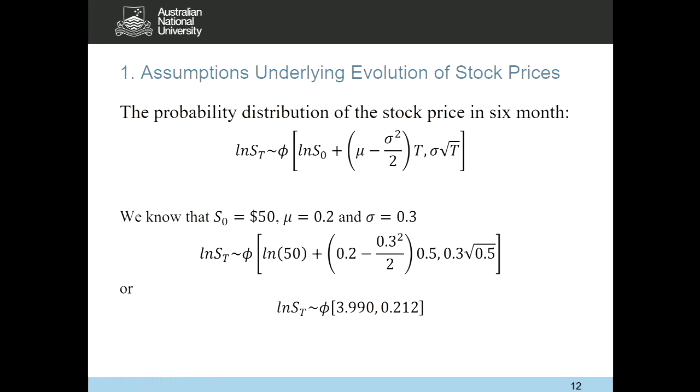All right, so it should be fairly easy because we've done the hard work. We derived the distribution of the log of the share price ST, and we know the current share price is $50, and we know it has expected return, so the expected return is our mu here. The expected return is 20%, and the standard deviation.